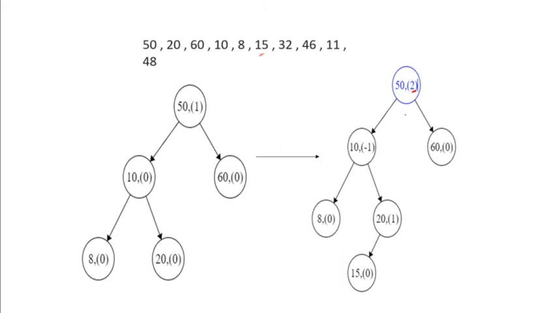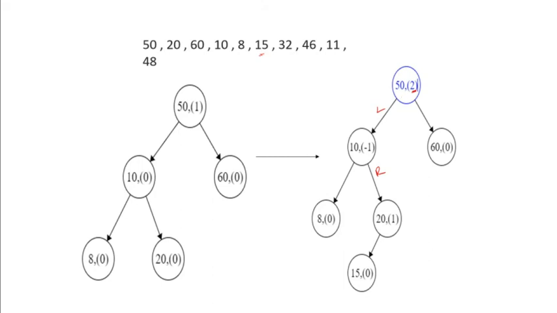Now what rotation should you do now? First one is L, that is correct. Not this one, because the imbalance occurred due to this node. So it comes from your right, so you need to perform LR. Understand? Because imbalance occurred because of insertion of this node, which is available to the right of this 10.